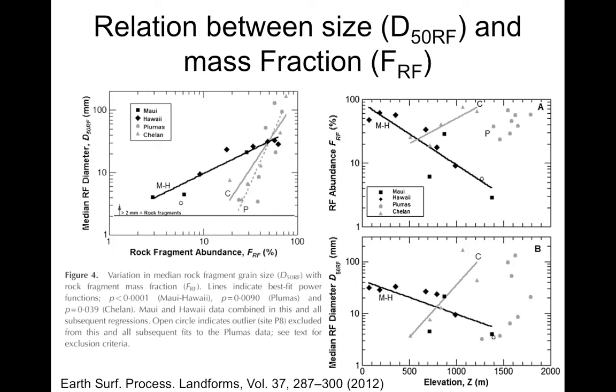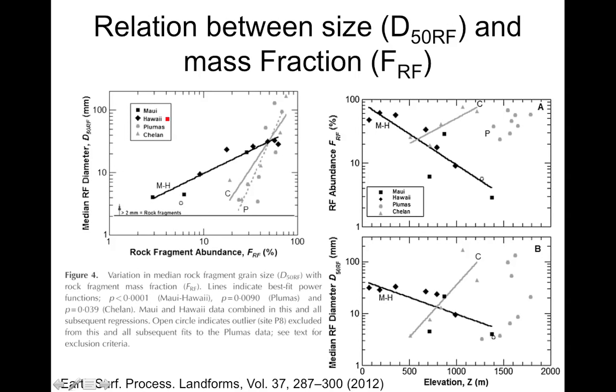Right. In this paper from Earth Surface Processes and Landforms, they looked at things like the rock fragment abundance, the median rock fragment diameter, and here the median rock fragment diameter as a function of abundance. And so this is from Hawaii, right?